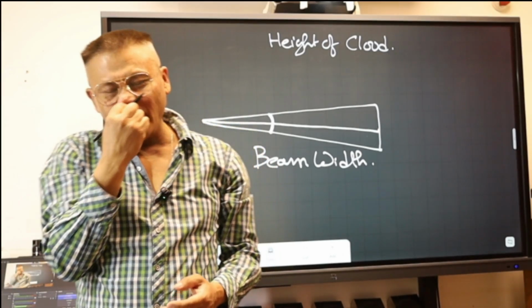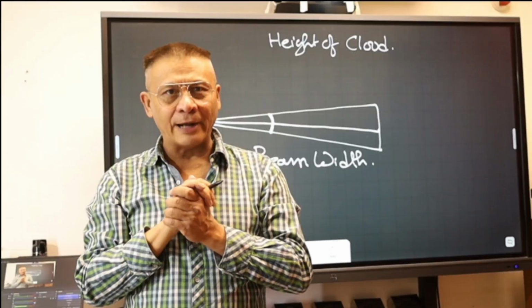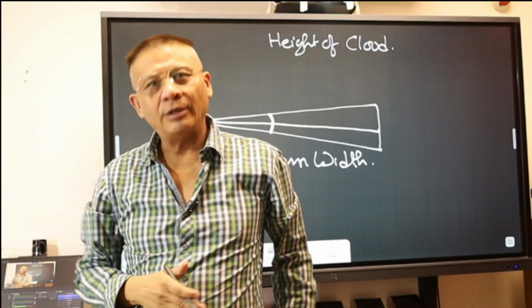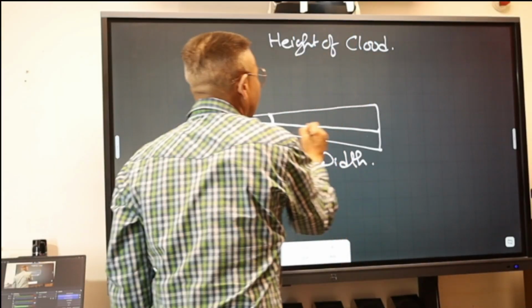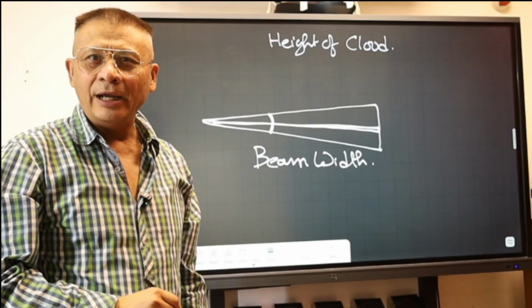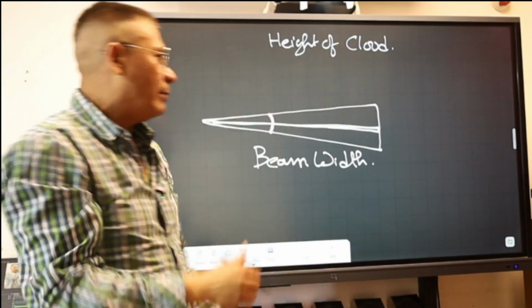So generally when the aircraft is flying straight and level, that is at a particular altitude, at that point of time, the axis of the beam will be aligned to my flight path, and the tilt angle will be 0.